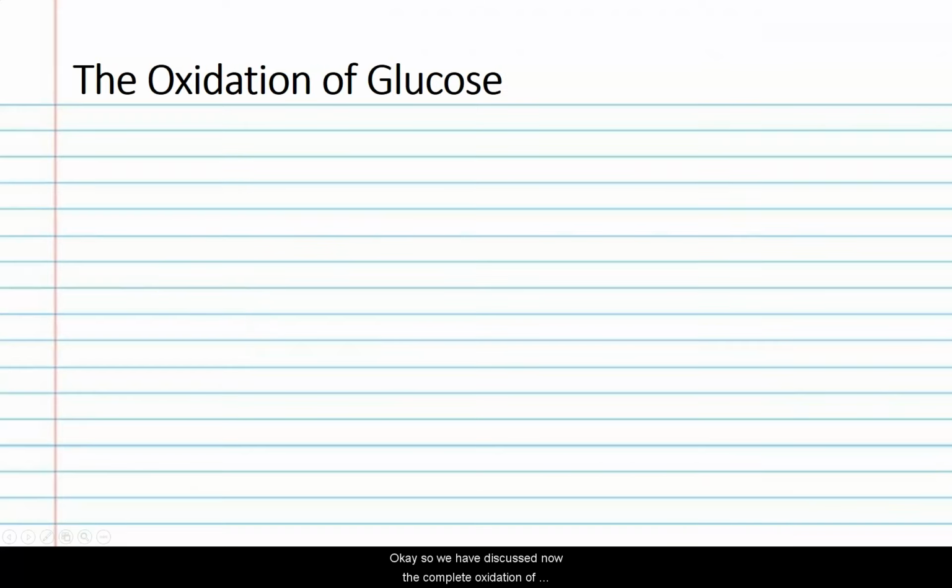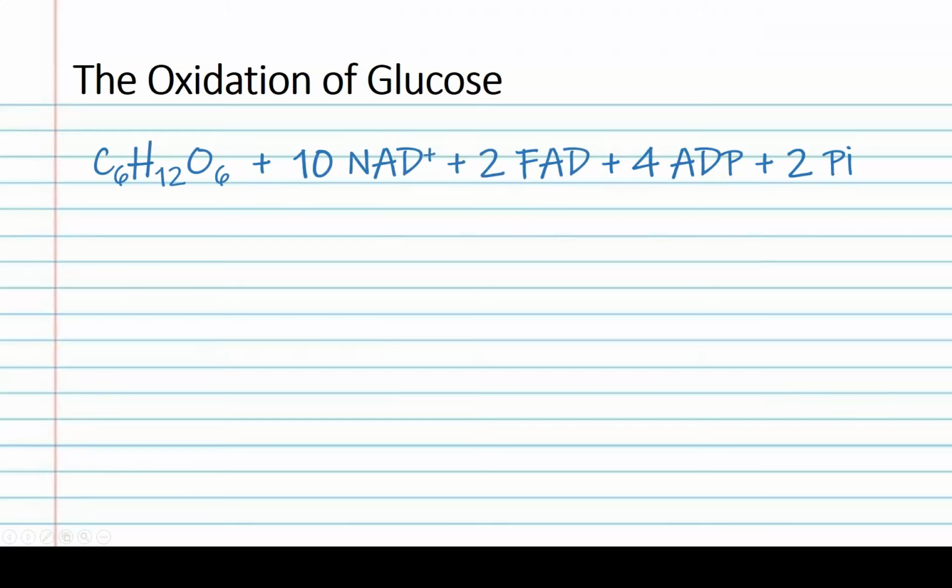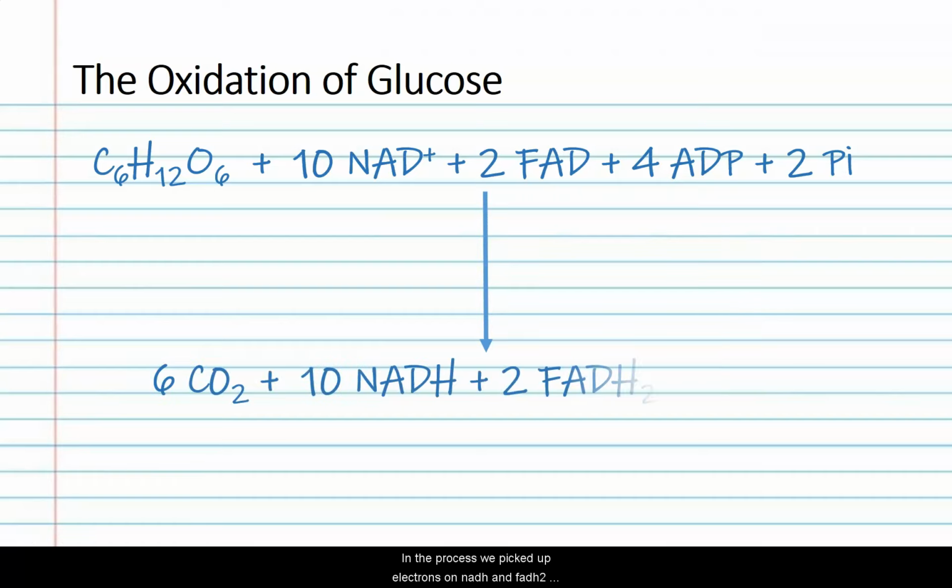Okay, so we have discussed now the complete oxidation of glucose to carbon dioxide. We took that glucose molecule and we converted it to 6 carbon dioxide molecules. In the process, we picked up electrons on NADH and FADH2, and we produced a little bit of ATP through substrate level phosphorylation.